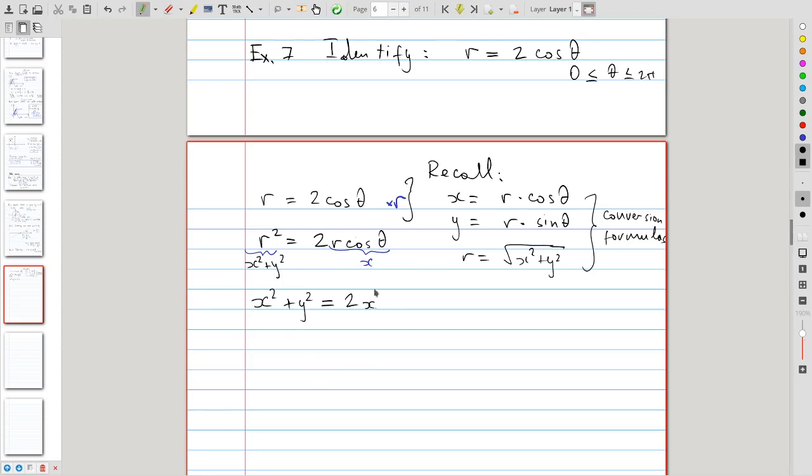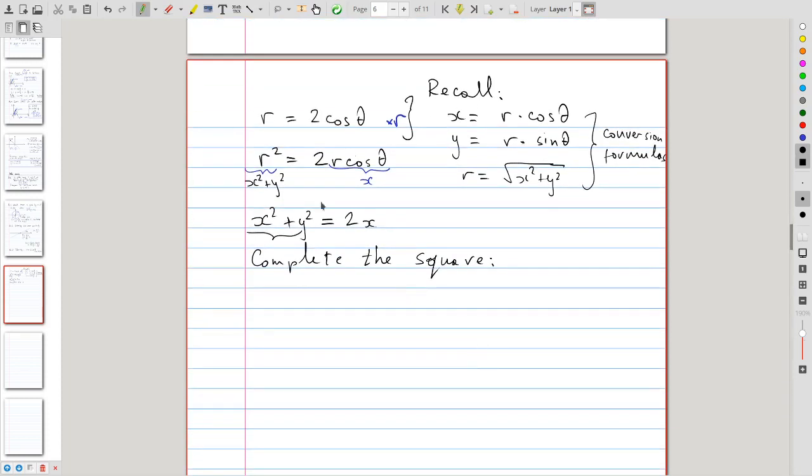So let's go ahead and try to recognize this curve. So to do that, we will need to complete the square here. So we will write it as x squared minus 2x plus y squared equals 0.